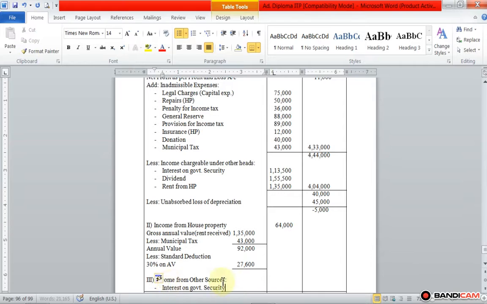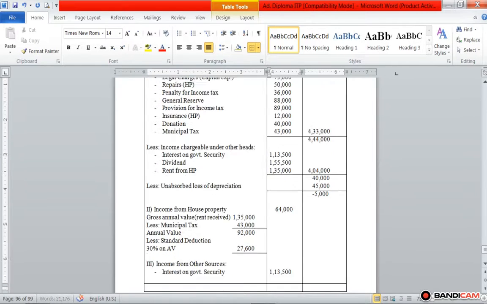Interest on government security amounted to rupees 1,13,500, and dividend amounted to rupees 1,55,500.